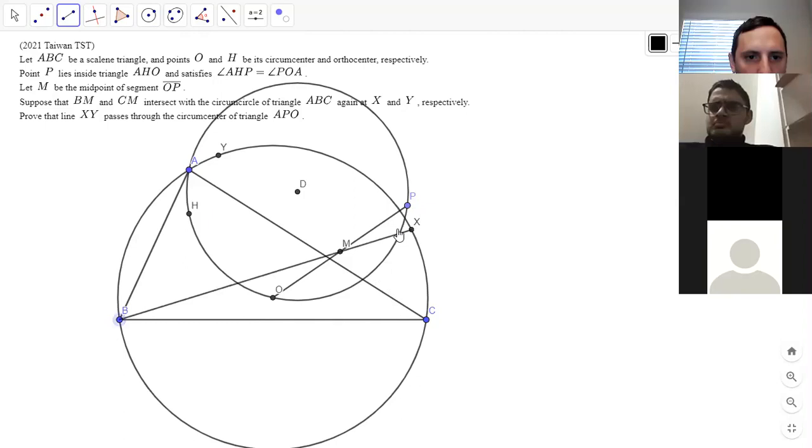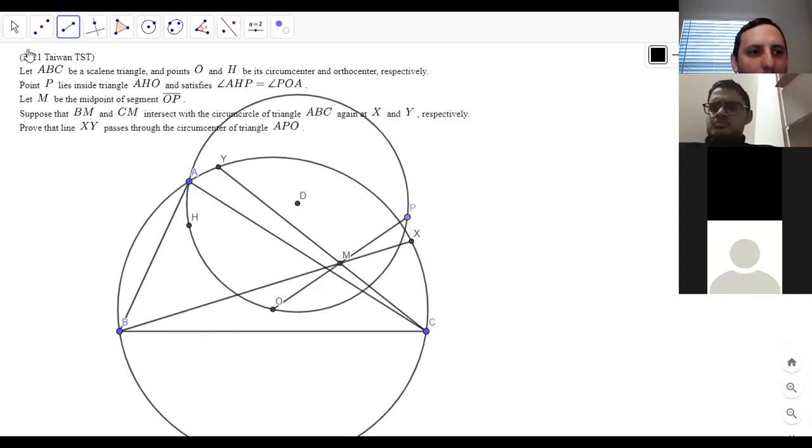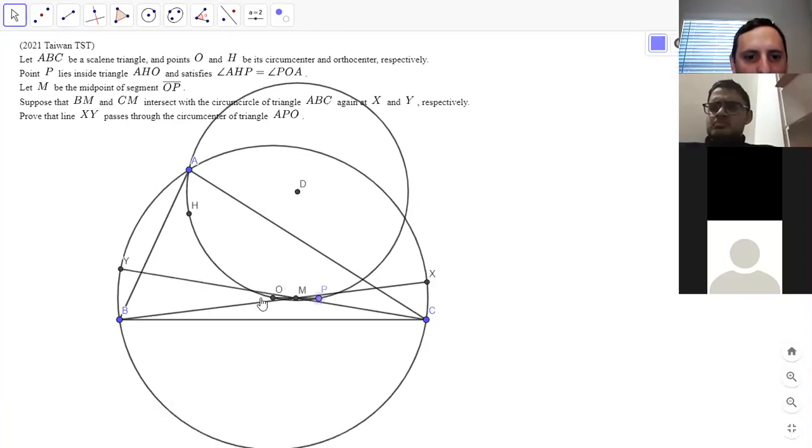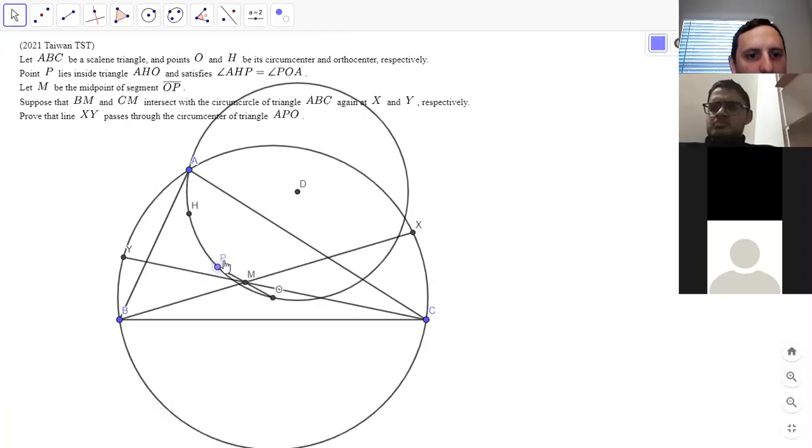Well, we drew it wrongly again. Oh, we drew it wrong? Oh no. Yeah, P lies inside AHO. Oh, okay, but we might be able to just move around the points. So we wanted AHP to equal POA.